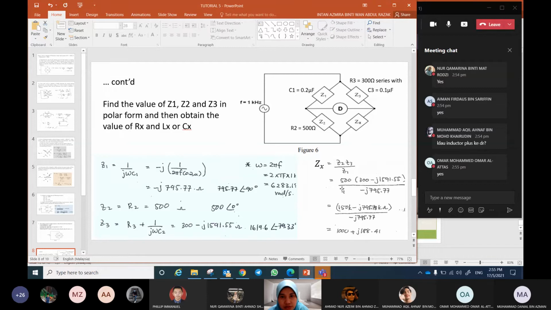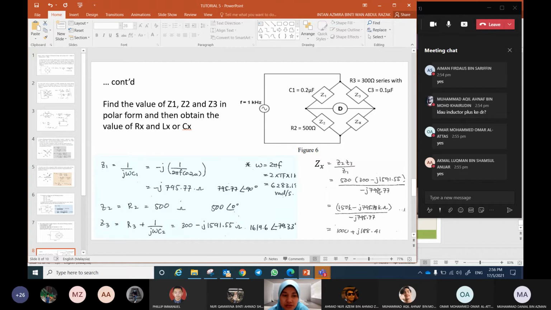So we substitute Z2 with 500. You may substitute with rectangular form or polar form, no problem, because your calculator will do the job.